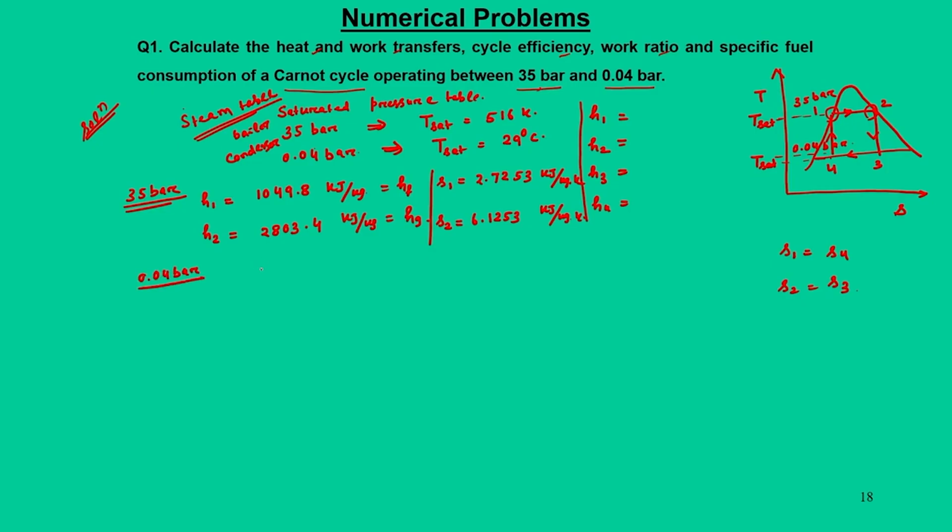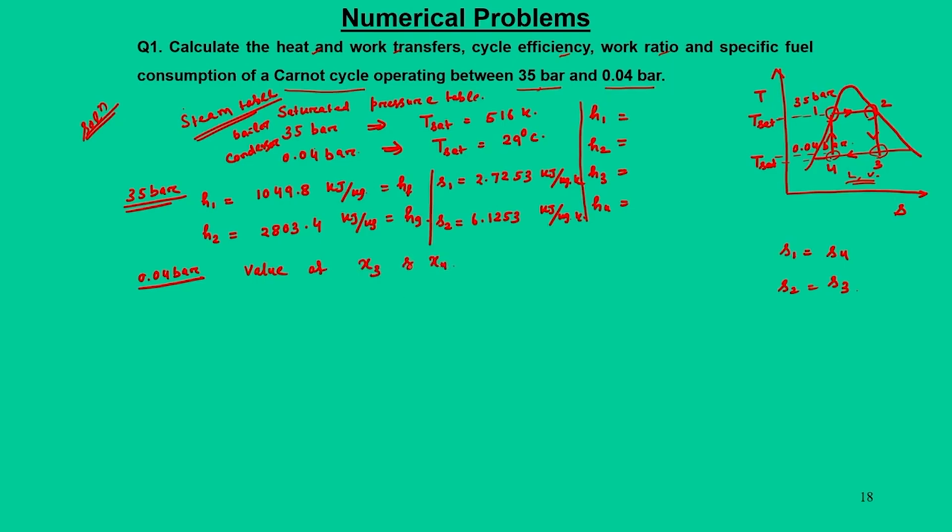we can get entropy, but states 3 and 4 are in the liquid-vapor region, so this information has to be obtained. We require the value of the dryness fraction, that is X3 and X4.